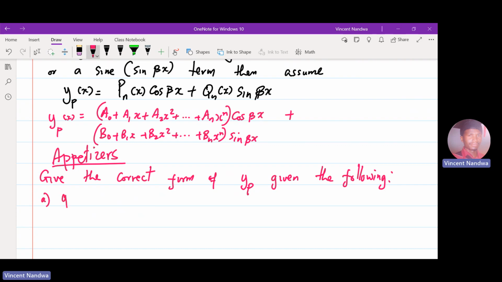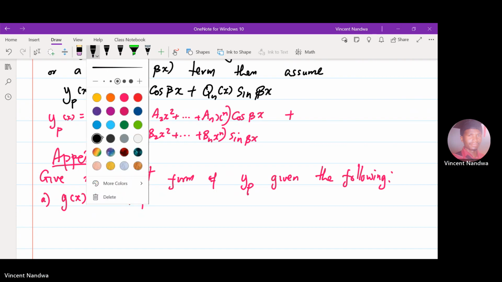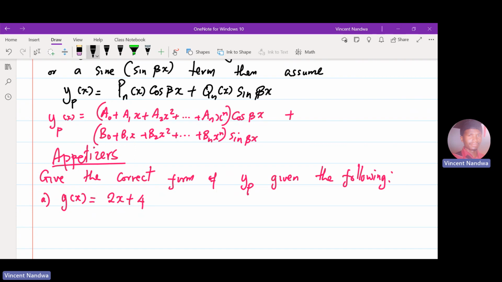So A, if my g of x is the function 2x plus 4, what will be the structure of my particular solution?